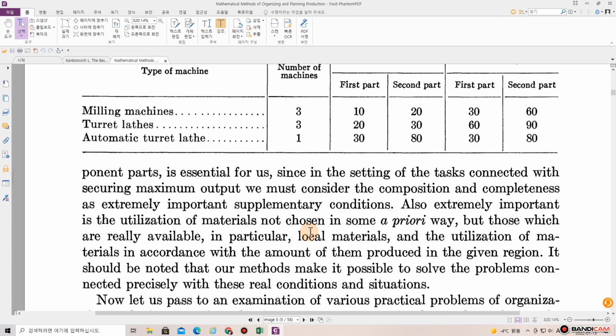Also extremely important is the utilization of materials not chosen in some a priori way, but those which are really available, in particular local materials, and the utilization of materials in accordance with the amount of them produced in the given region.